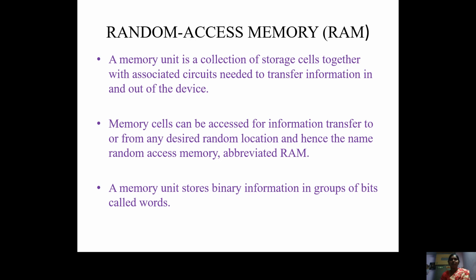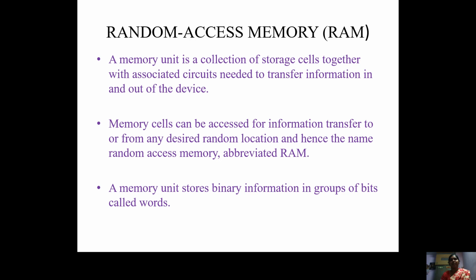That is why we need some devices like decoders to select the address from which we need to read the information, or to which we need to write the information. That is why, to transfer the information in and out of the device, we need some associated circuits. Memory cells can be accessed for information transfer to and from any desired random location, and hence the name random access memory.